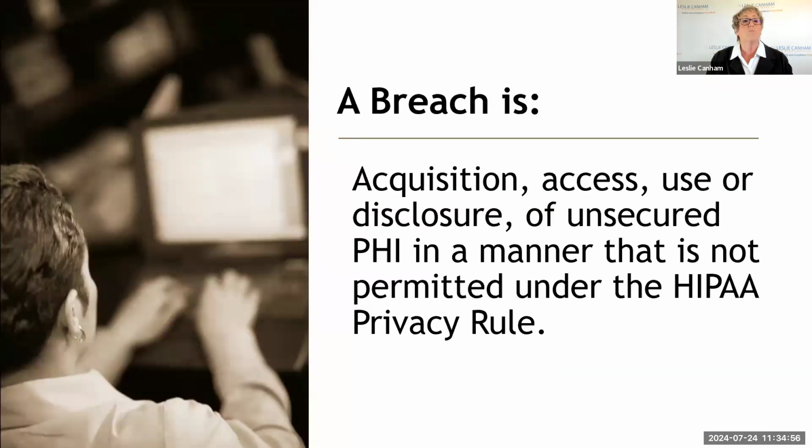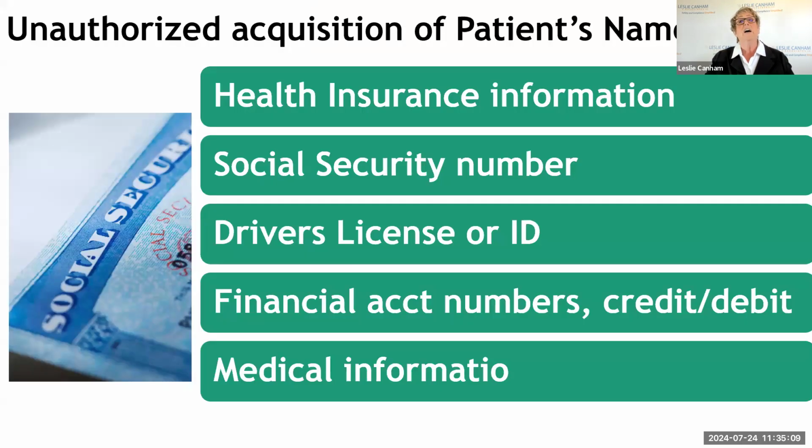What's a breach? A breach is acquisition, access, use, or disclosure of unsecured protected health information in a manner that is not permitted under the HIPAA privacy rule. For example, unauthorized acquisition of a patient's name all by itself is not a breach.